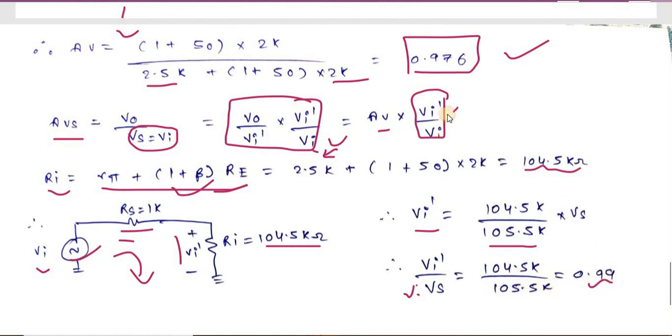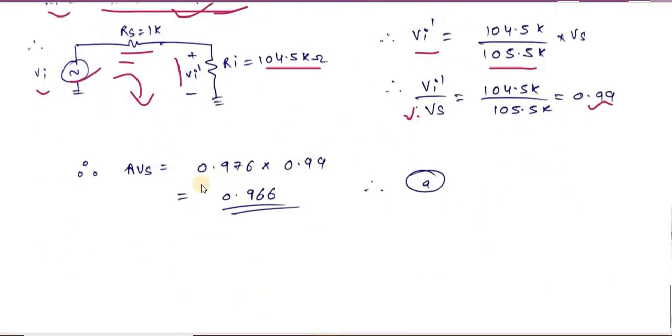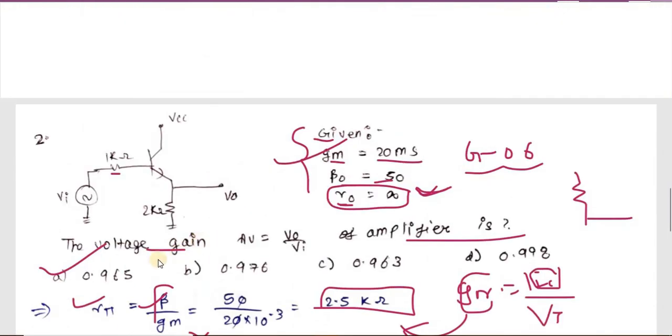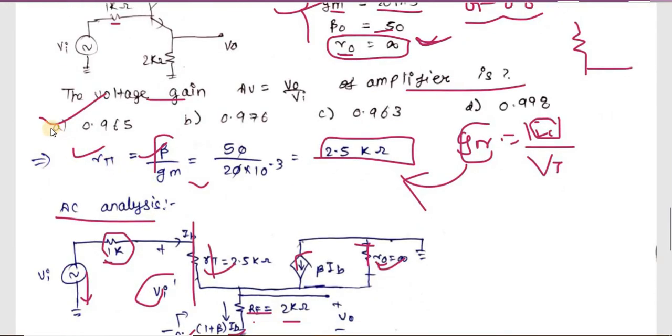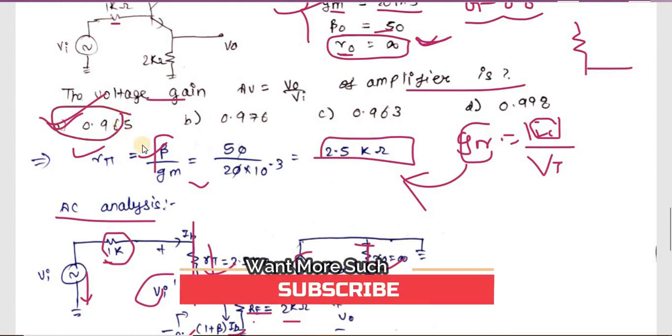Now if we simplify, 0.976 multiplied by 0.99 is 0.966. From the options you can clearly see it is closest to option A, so our correct option will be A.